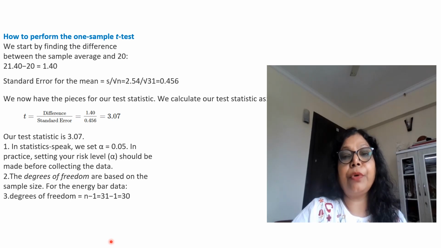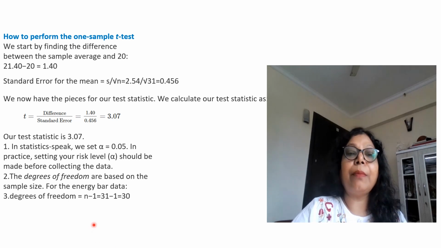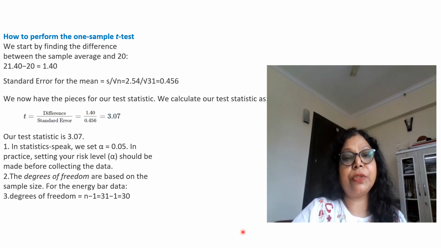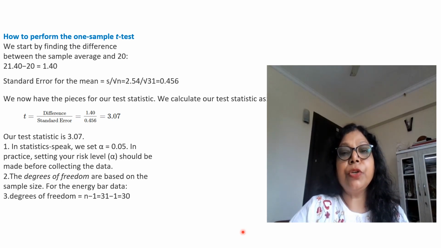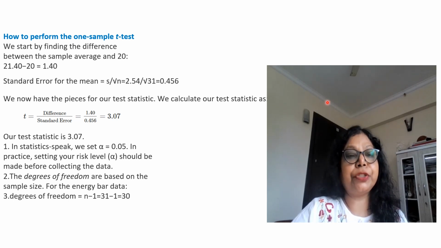Software will show more decimal places and use them in calculations, but here we have taken only two decimal places, so the actual data used to calculate the summary statistics might have more places. Now we start by finding the difference between the sample average and the 20, which we have taken as the null hypothesis. So here we can see 21.40 minus 20, that is, the difference is 1.40.